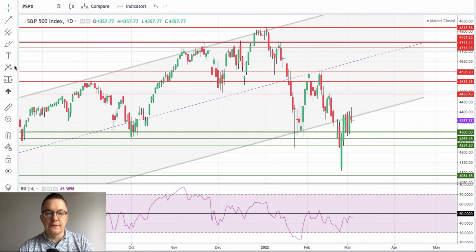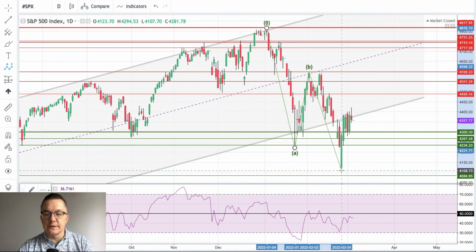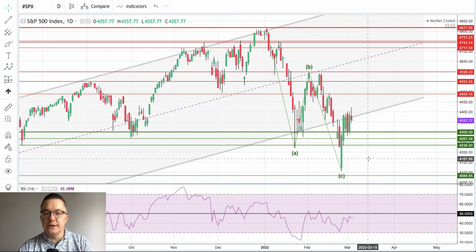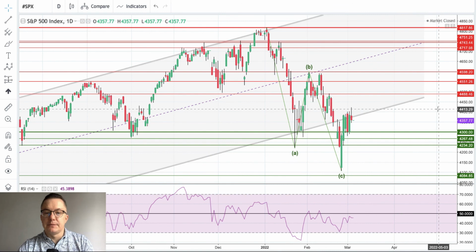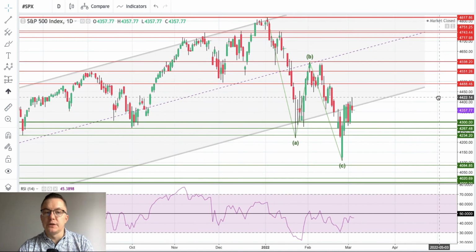So what we have is a corrective decline from the highs of 4,816 points. We have the first wave, wave A, then wave B, and then wave C. So this is a clear three-wave decline, which means that the decline is not impulsive, and because it's not impulsive, it will not start any new trend lower.